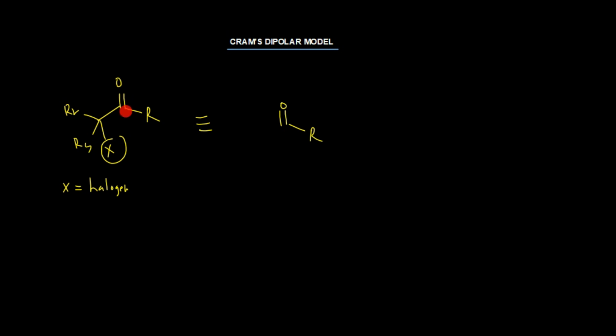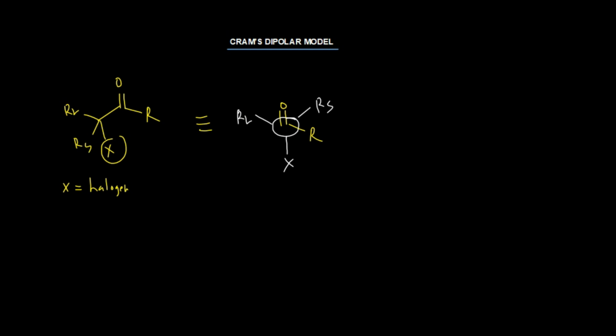This is R, and this is my rear carbon, and this is your X, so X will come here, and then my RS will come here and my RL will go there.